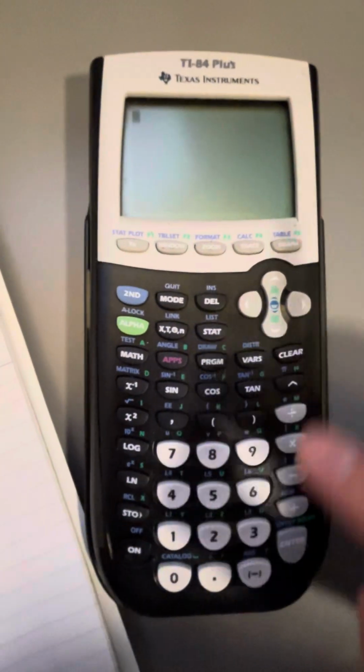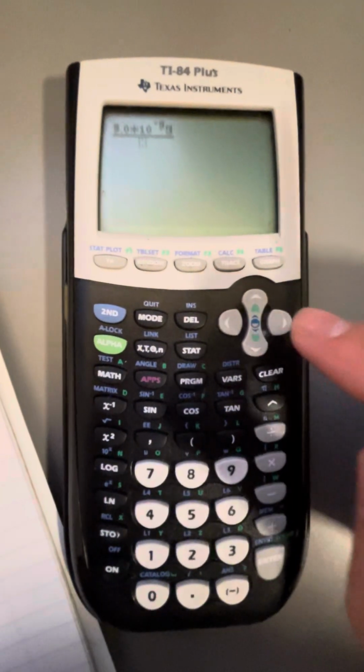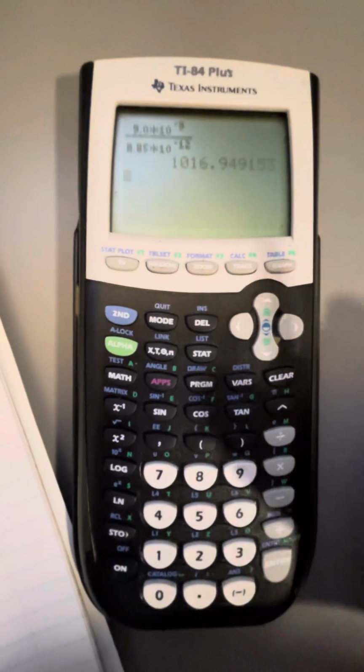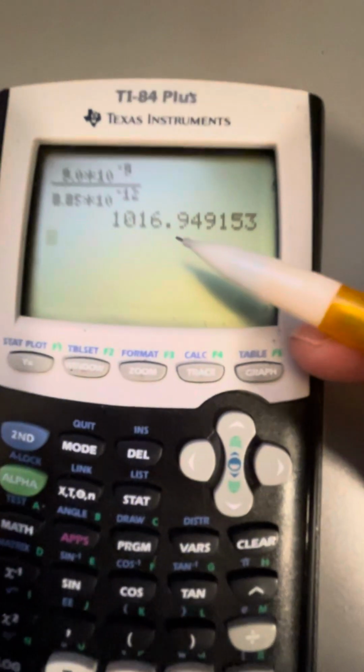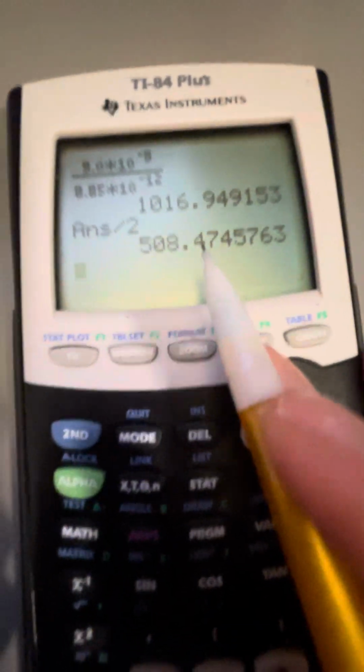And that's going to give us 1017, but that's for assuming it's a sphere, but we're only doing a semisphere, so we have to take 1017 and divide that by 2, and then we get 508.5.